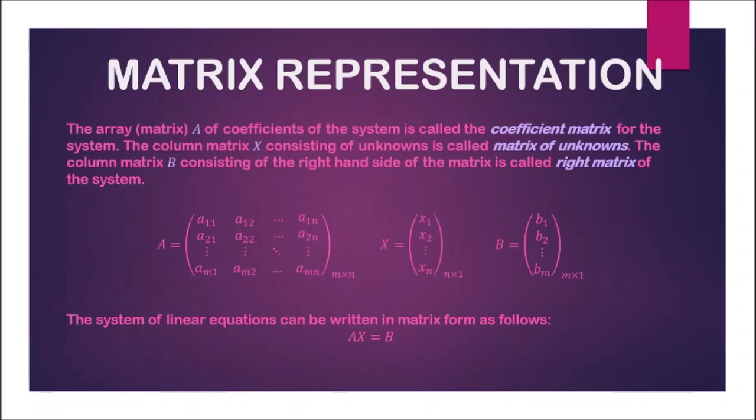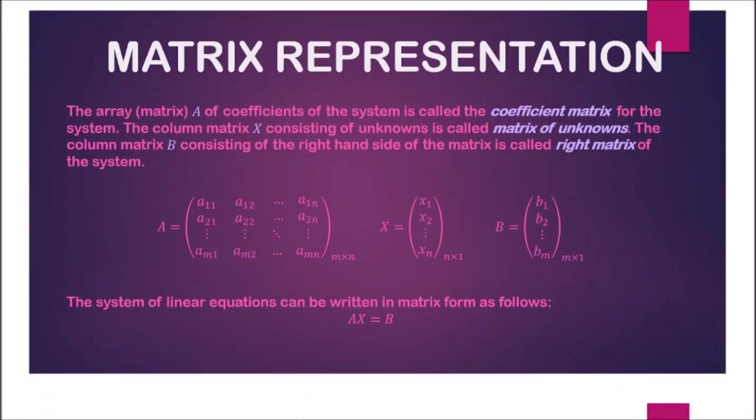The m cross 1 column matrix B consisting of the right hand side of the system is called the right matrix of the system. The system of linear equations can be written in matrix form as Ax = B.